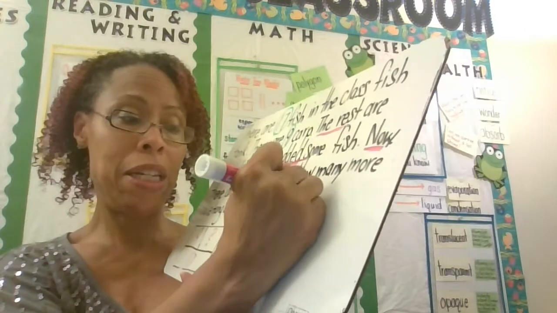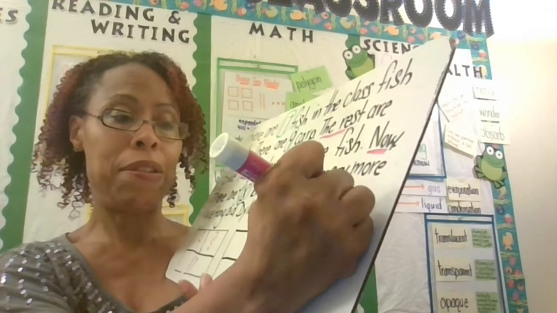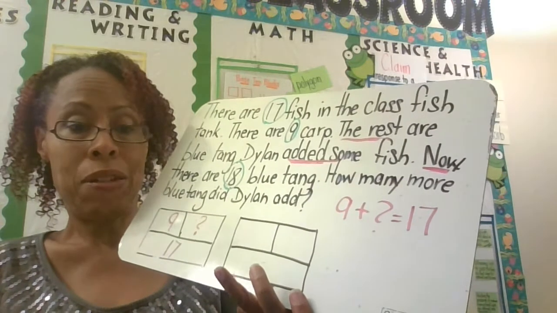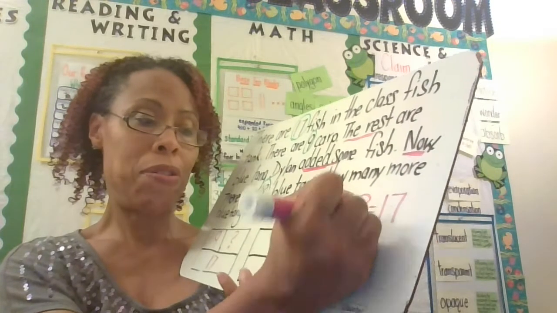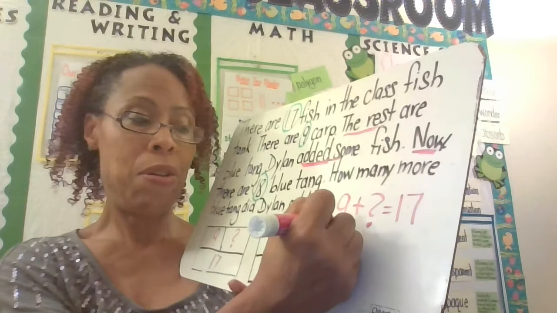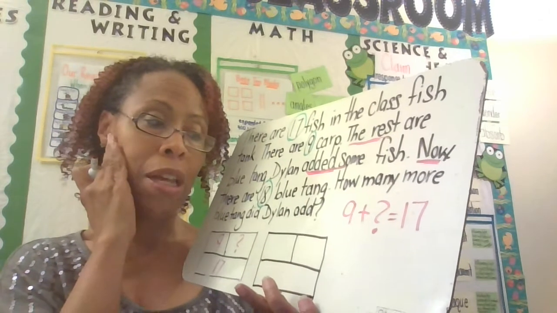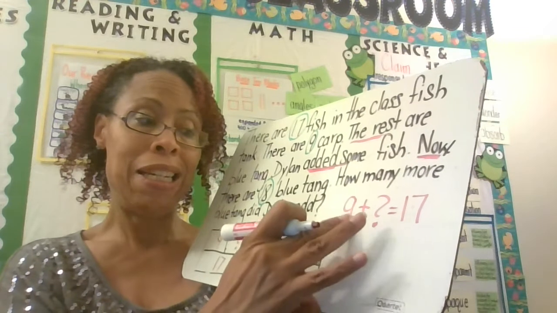So we have 9 plus question mark equals 17. Or you could say 17 minus 9 equals question mark. Either way, you're going to receive the same answer. So let's think about what we know first to do this mental math. I know that double 9s, 9 plus 9, is 18.